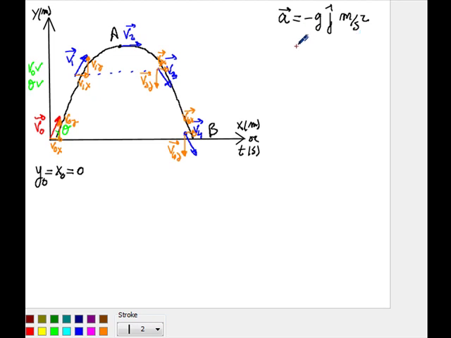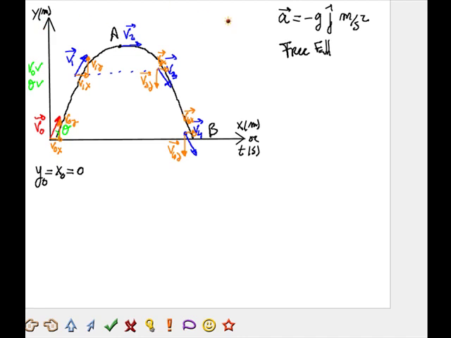We're still assuming that we're dealing with a free fall type of situation, which means that we neglect air friction and the acceleration is pointing down. Due to the choice of my coordinate system, I can express my acceleration in the j component. So it's very clear that there is no acceleration in the x component or in the i component, which means that all the vectors along this trajectory will only be affected in magnitude in the y direction, but never in the x.